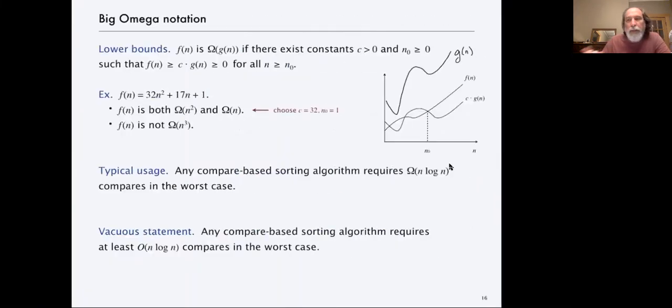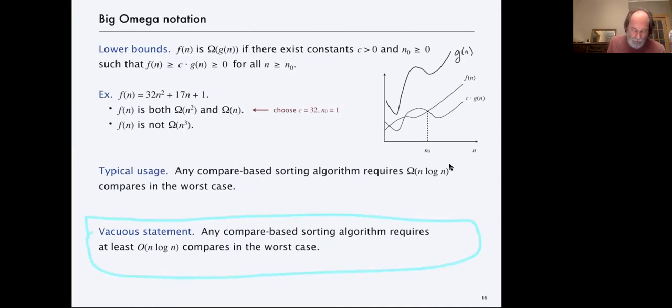Now big O is an upper bound. But we also need a corresponding lower bound. Why? Consider this. People say things like this all the time. Any comparison-based sorting algorithm requires at least big O of n log n comparisons in the worst case.